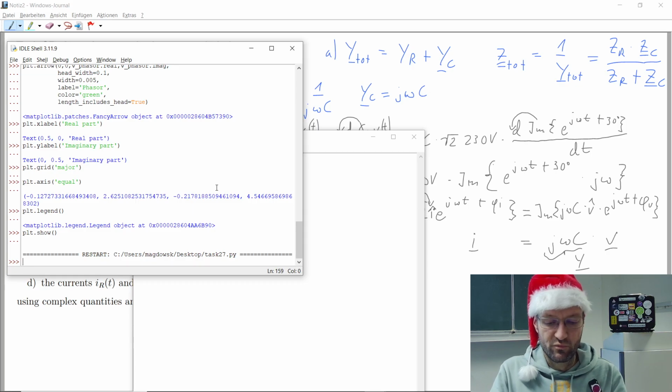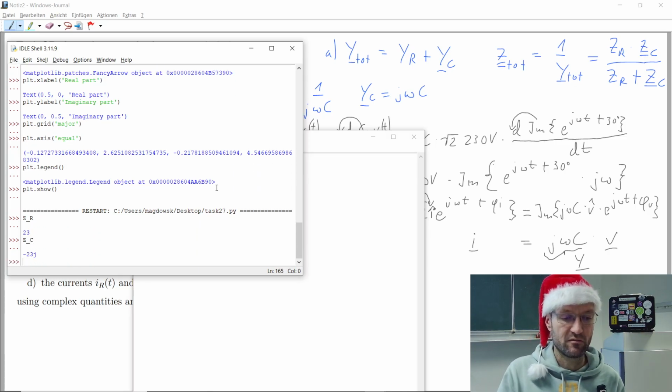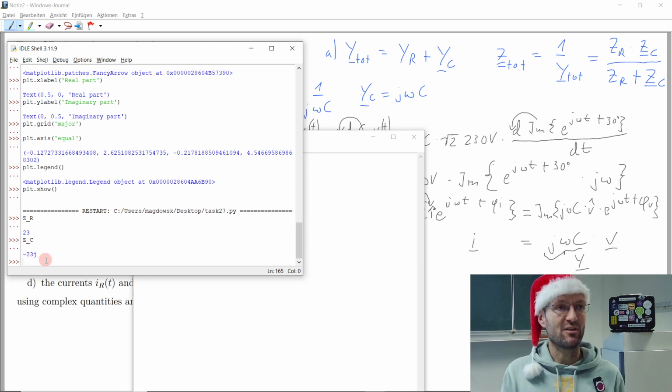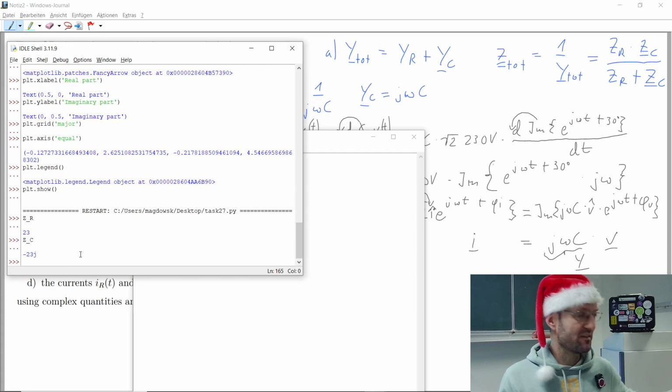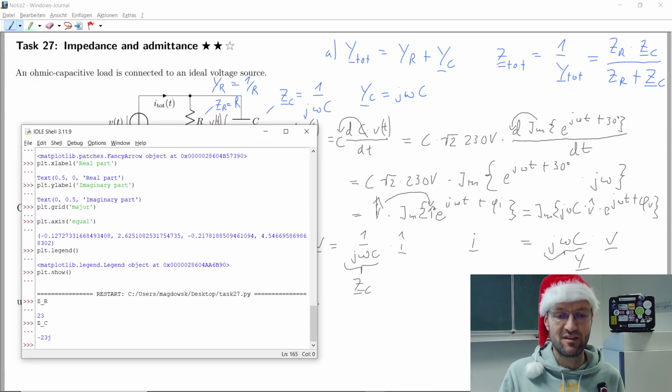And we can see that ZR is 23. And ZC is minus j23. Does this make sense to you? What should the ZC be?